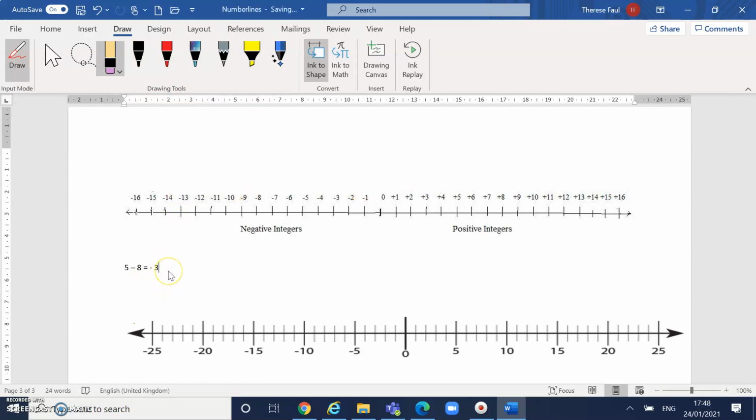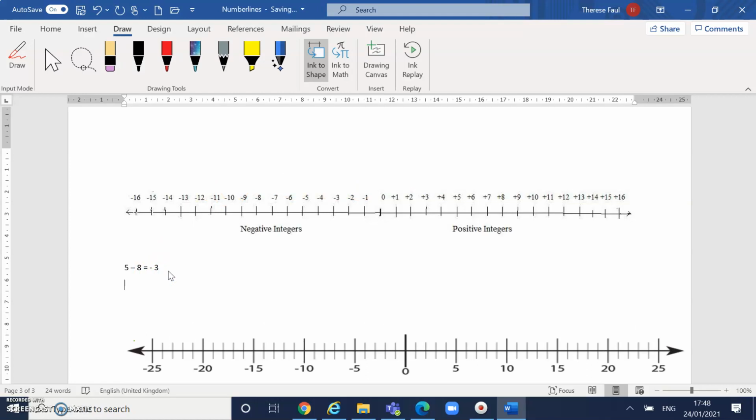Okay, let's try a few more of these. My next sum is minus 2 plus 7. This time we're starting off with a negative number, minus 2, so the first thing I do is go and find minus 2 on the number line.